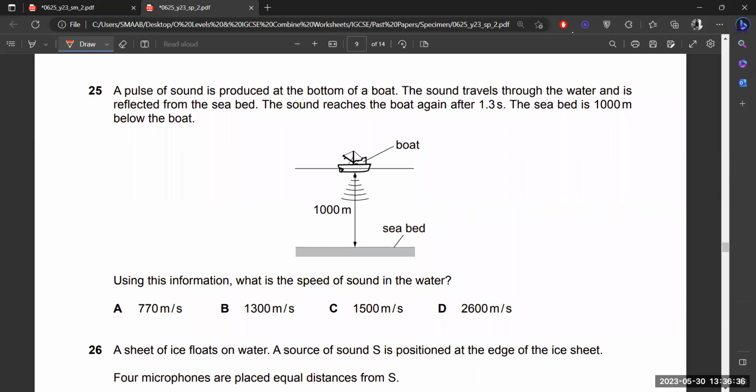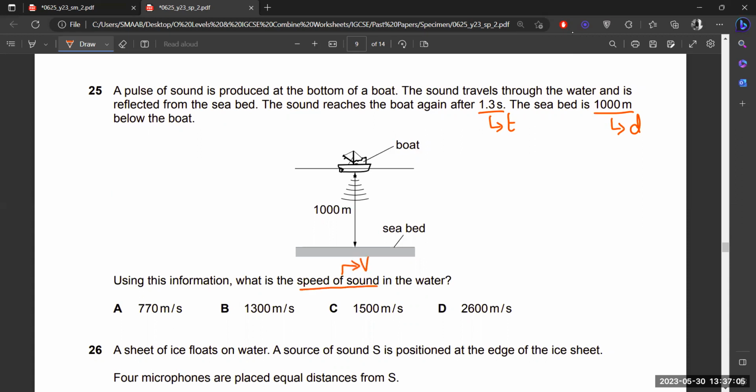Okay, question number 25. A pulse of sound is produced at the bottom of the boat. The sound travels through the water and is reflected from the seabed. The sound reaches the boat again after 1.3 seconds, that is the time. The seabed is 1000 meters below the boat, so that is the depth. Using this information, what is the speed of sound in the water? We need to calculate the speed of sound.